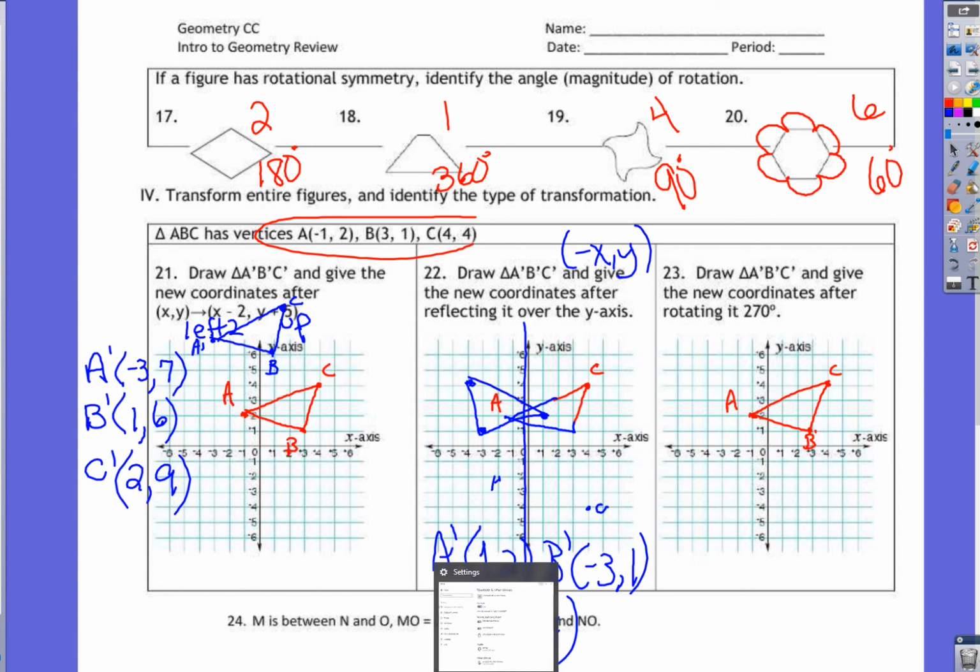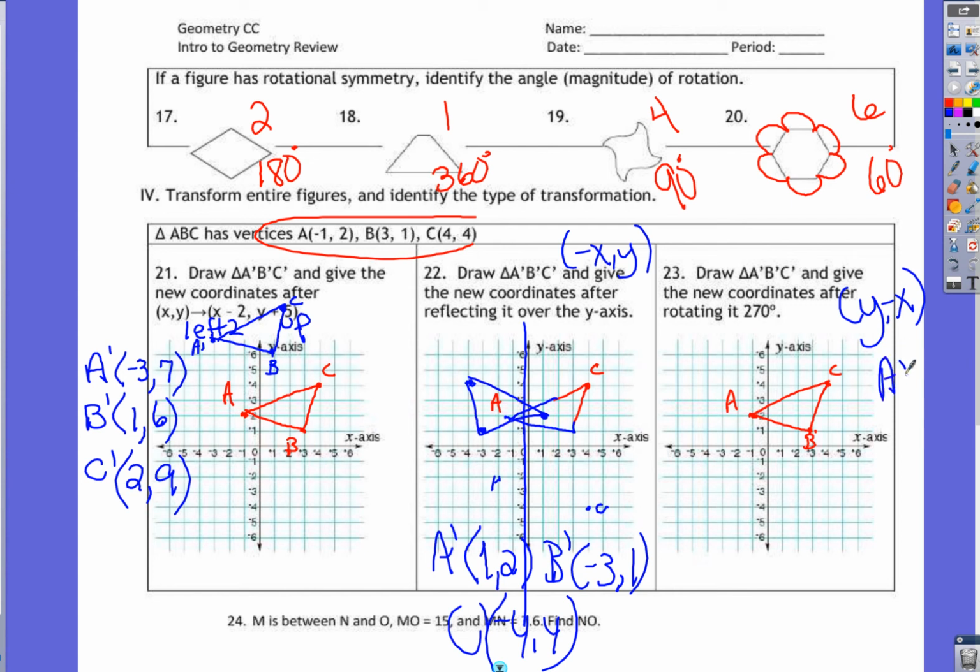And then this one. 270 rotation. What's my rule for 270 rotation? What's my rule for 270? I know I'm going to flip it and change that to my x.